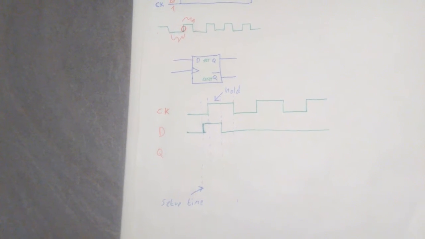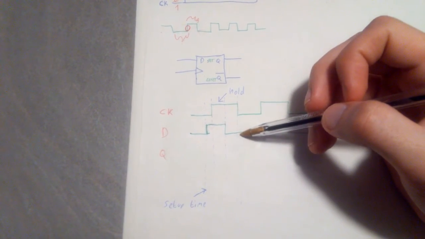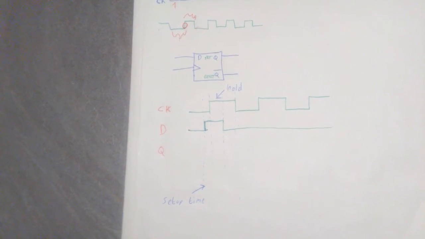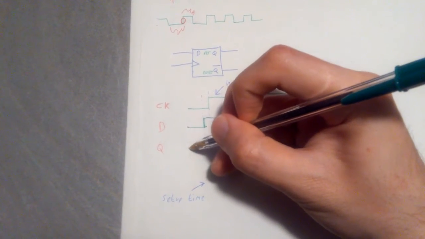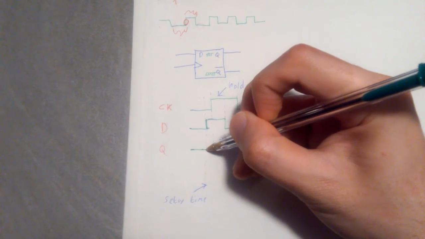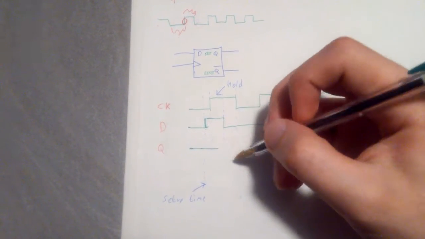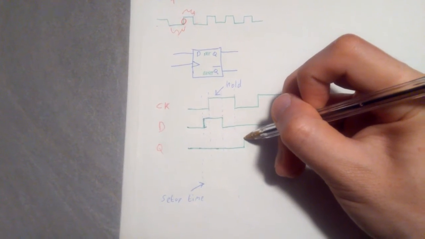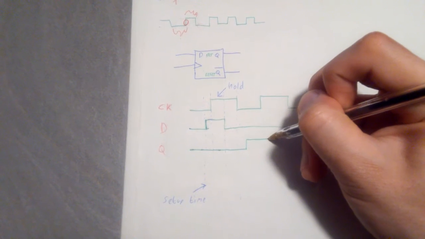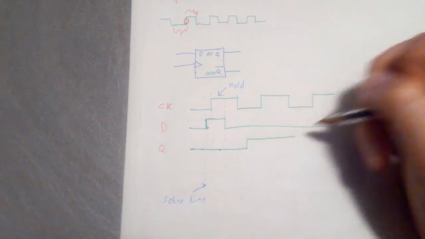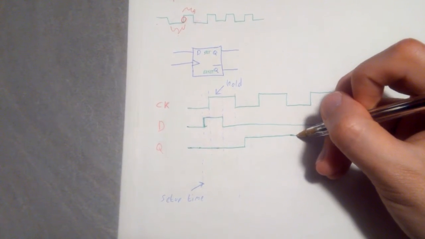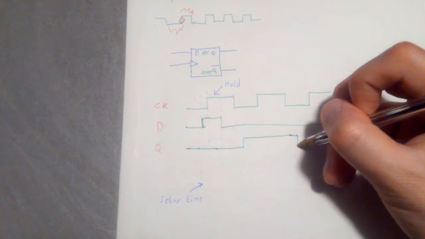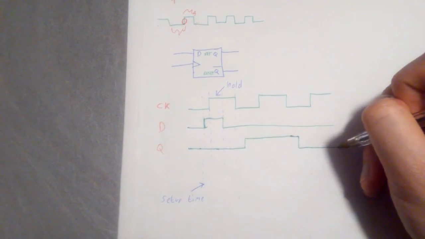And of course, I'm going to have another time here, which is basically when the clock goes low and when we get the output. So basically our output is going to start low and stay low, and then here it's going to go high and stay high all the way to here, and then it's going to go low and stay low.